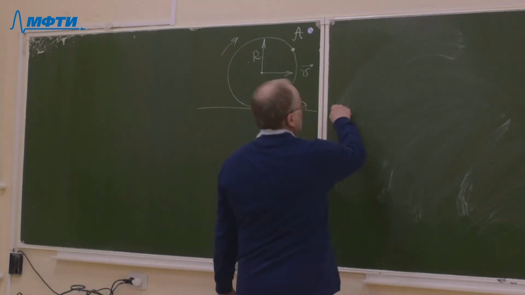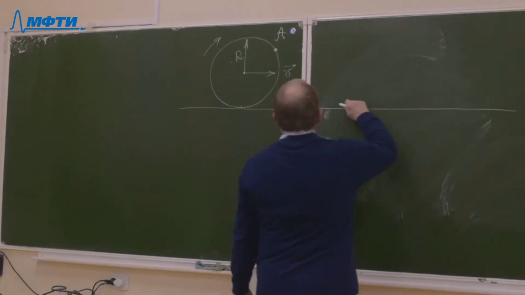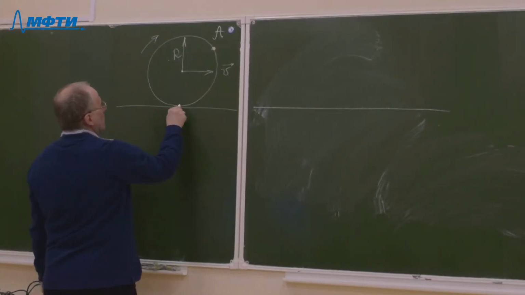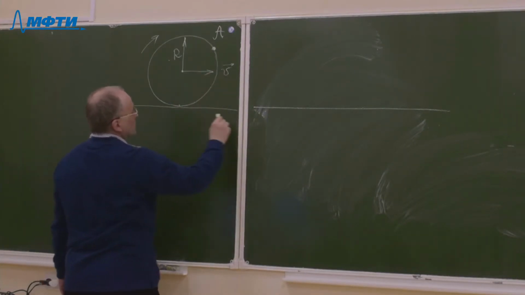So, to put it clear, we have the rim, and imagine point A is here at the lowest point of the wheel. At this very moment, point A touches the road.